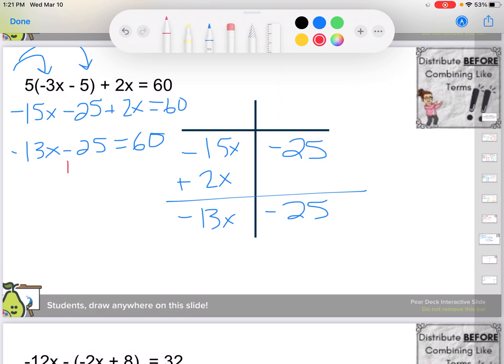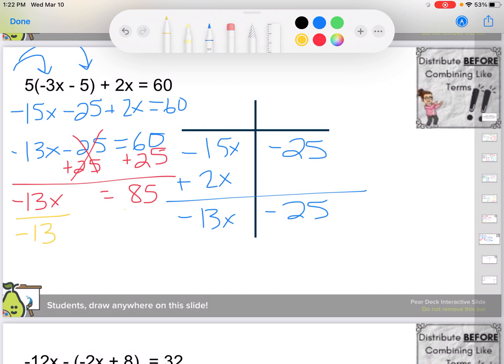So I'm going to add 25 to each side. I'm left with negative 13x equals 85. So I'm going to divide by negative 13 on each side. I'm going to get a crazy number.